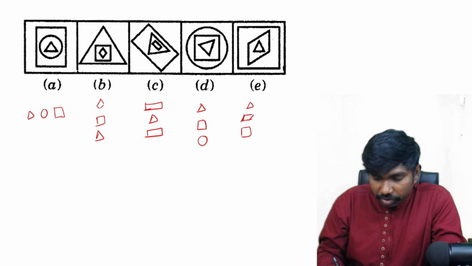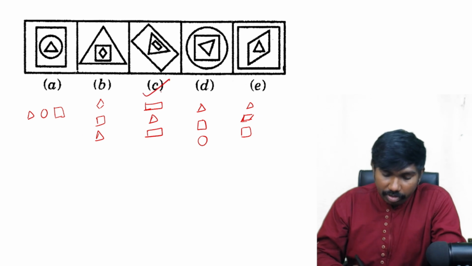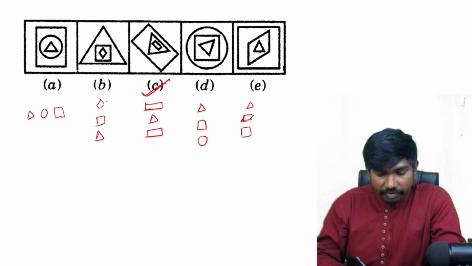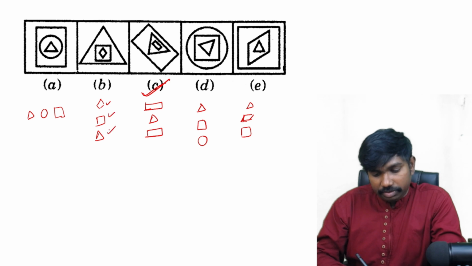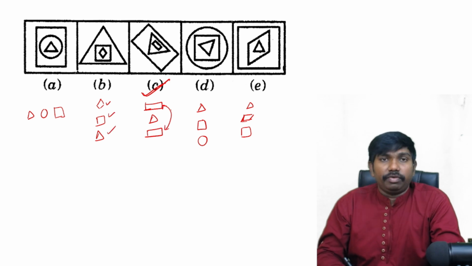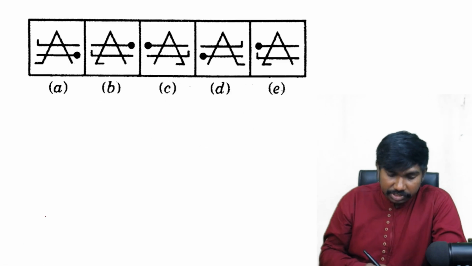So if you observe all the figures, the answer is option C, because all except option C have three different figures, but in option C the same figure is repeated twice. Going to the next question.